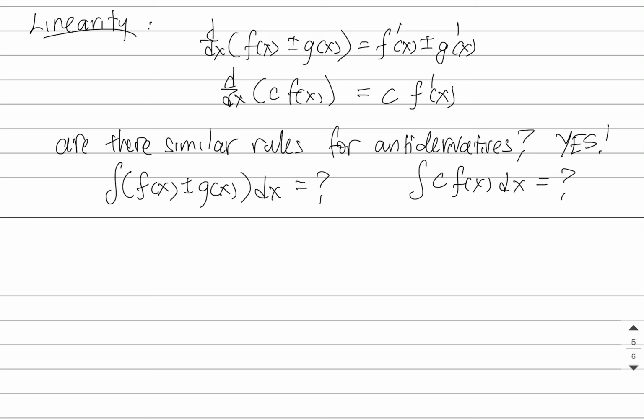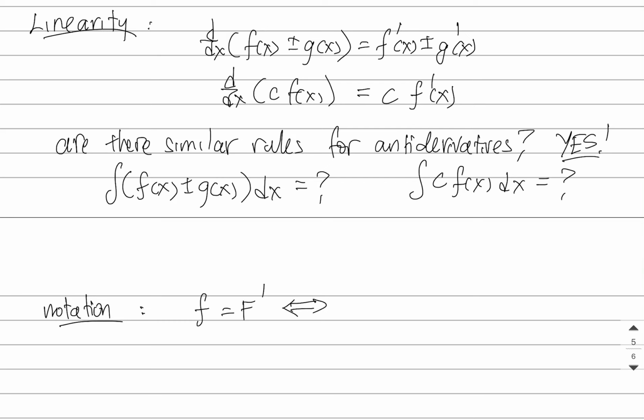And you can really, in a very loose way, understand that by thinking the definition of an antiderivative is related to a derivative, so all the same rules should work. Now, we're just going to remind ourselves about this notation. Remember that when we say we have a function, it's related to its antiderivative in two different ways.